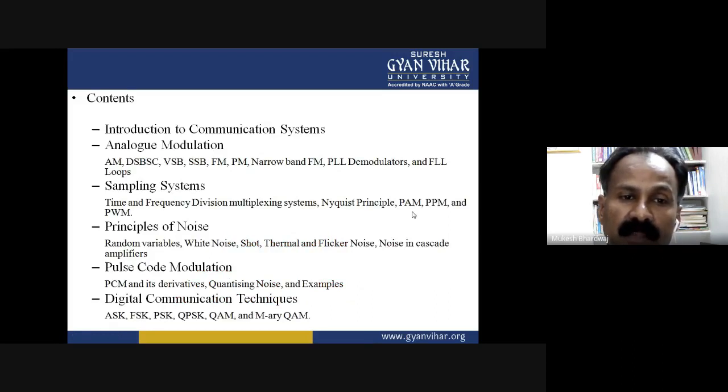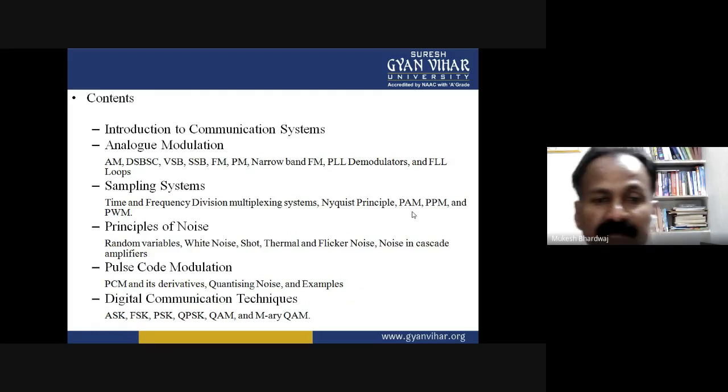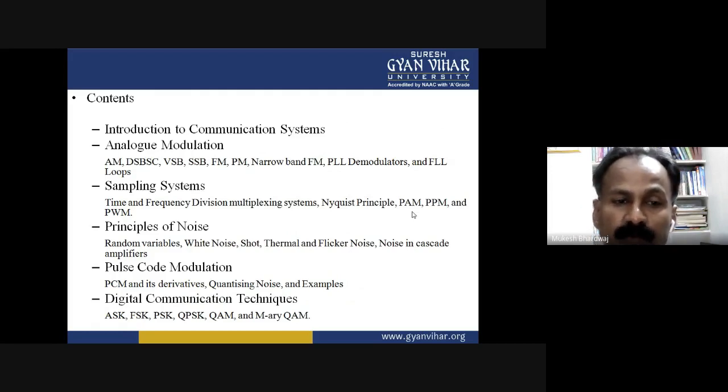Analog modulation: amplitude modulation, double sideband suppressed carrier, vestigial sideband, single sideband suppressed carrier, frequency modulation, pulse modulation, narrowband frequency modulation, phase locked loop demodulators and phase locked loops, sampling systems, time and frequency division multiplexing systems, Nyquist principle, pulse amplitude modulation, pulse position modulation, and pulse width modulation, principle of noise, random variables, white noise, shot, thermal and flicker noise in cascade amplifiers, pulse code modulation, PCM and its derivatives, quantizing noise and examples, digital communication techniques, that is amplitude shift keying, phase shift keying, frequency shift keying, quadrature phase shift keying, QAM, quadrature amplitude modulation, and M-ary QAM.